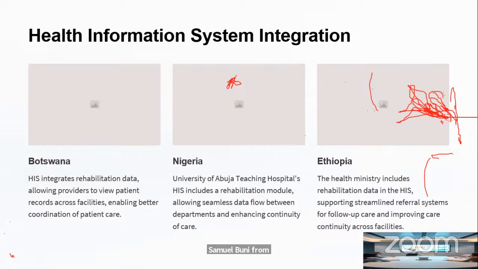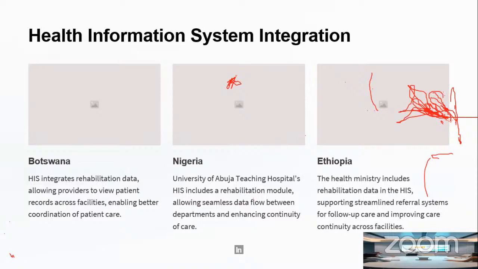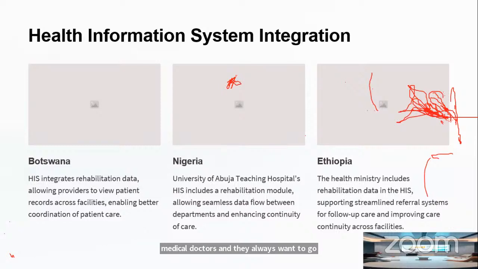Yes, sir. In the process of us, the physiotherapy profession, trying to get information in this regard, where we know the best information that we need and how we can manage it to improve our services to our patients, it's difficult sometimes, because in hospitals you see CMDs, the chief medical directors, are medical doctors, and they always want to go only the medical way, which they are conversant with.